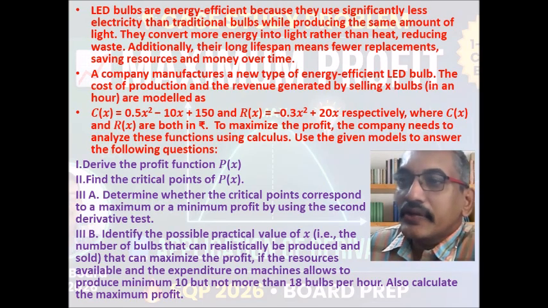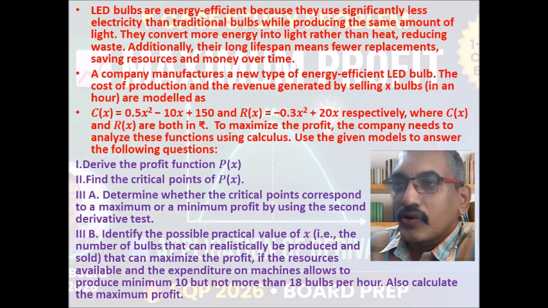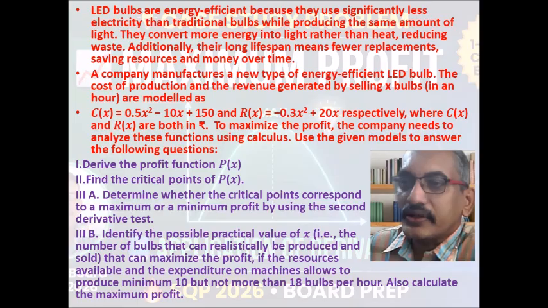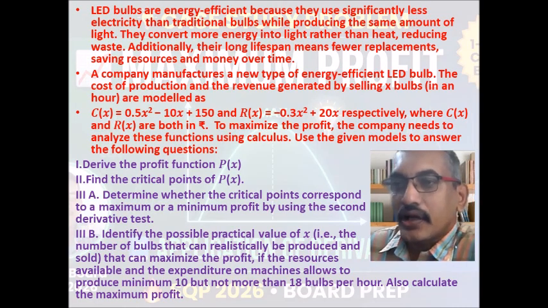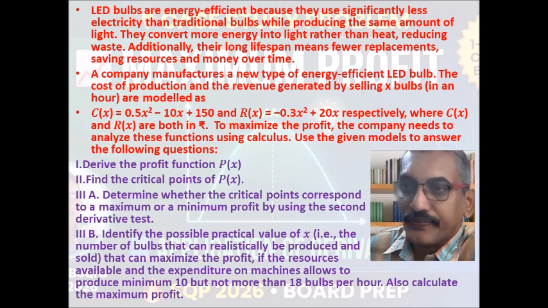A company manufactures a new type of energy efficient LED bulbs. The cost of the production and the revenue generated by selling x bulbs in an hour are modeled as C(x) = 0.5x² - 10x + 150 and R(x) = -0.3x² + 20x respectively.